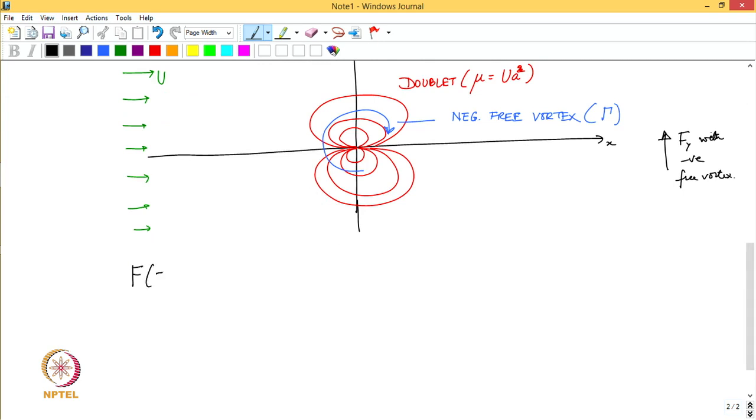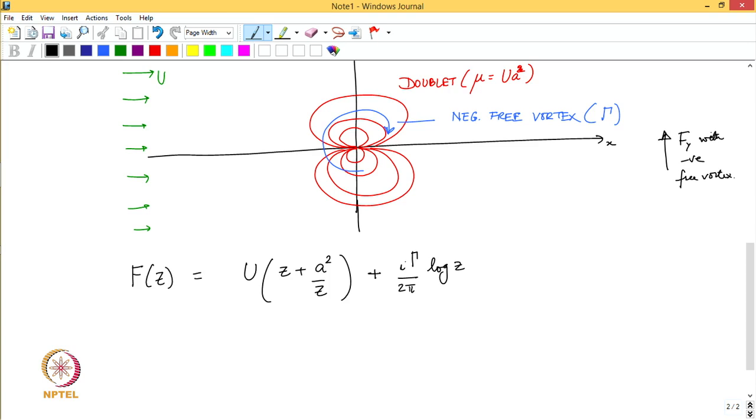So, we can write by superposition that f of z would be u z plus a square by z, that is as usual from the previous lecture, and now we are going to add a negative vortex. Recall that for a positive vortex, the potential is minus i gamma by 2 pi log of z. Since this is a negative rotation vortex, we will have a plus i gamma by 2 pi log of z as a complex potential corresponding to this clockwise rotation vortex.